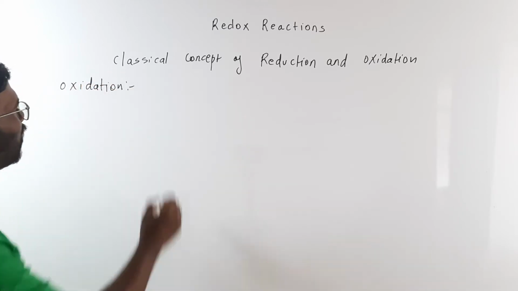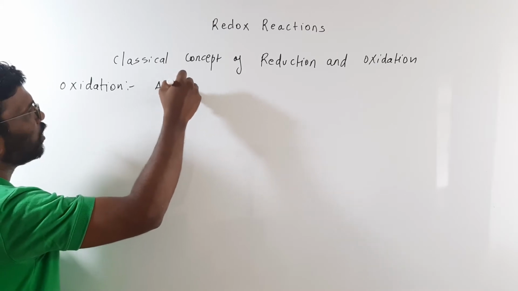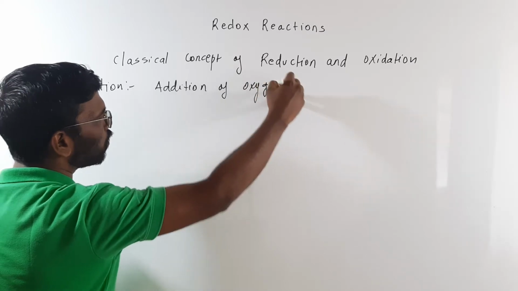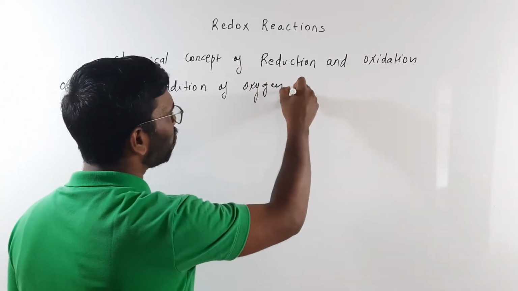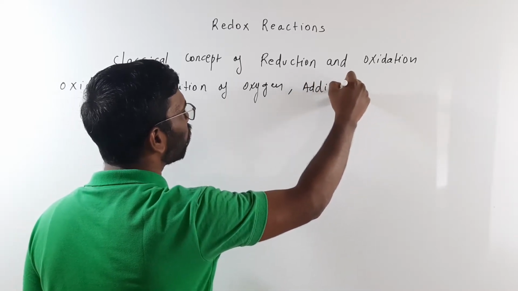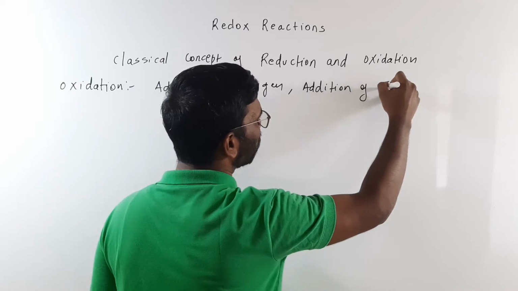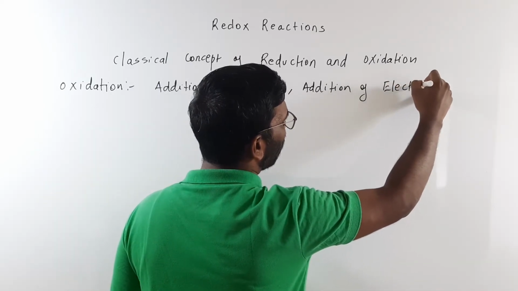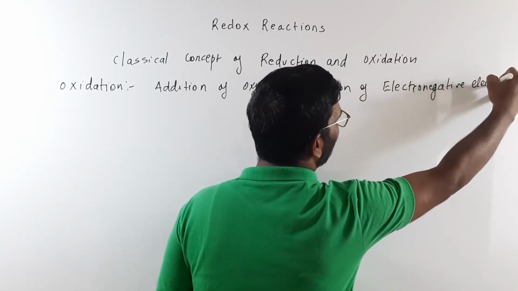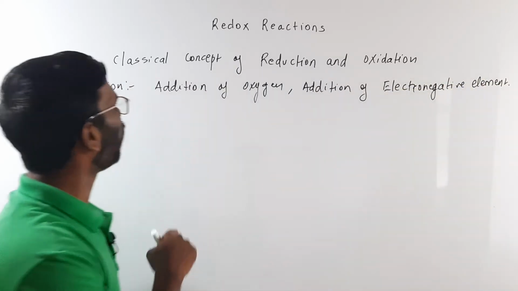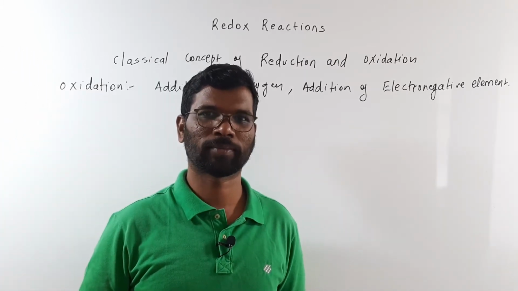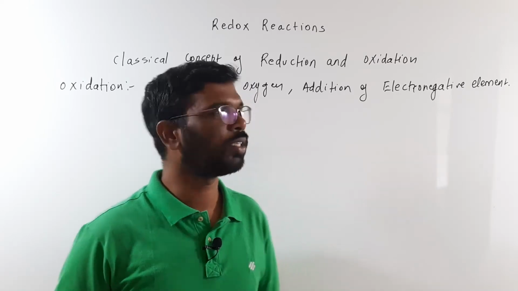By definition, oxidation is addition of oxygen, or it is addition of an electronegative element. So one is addition of oxygen, or you add the electronegative element. That process is called oxidation.